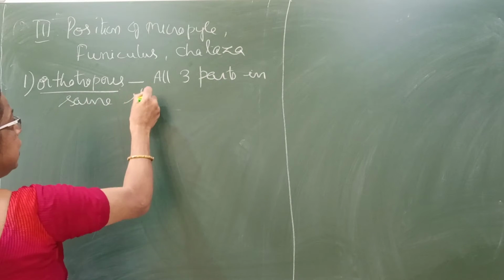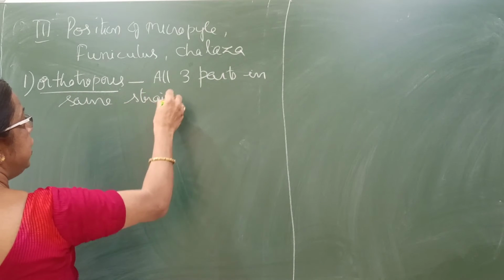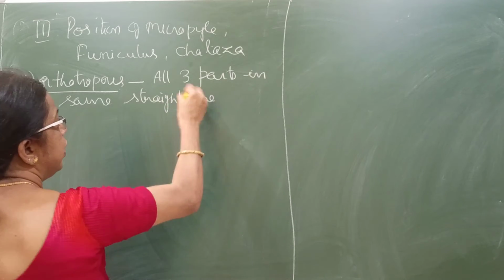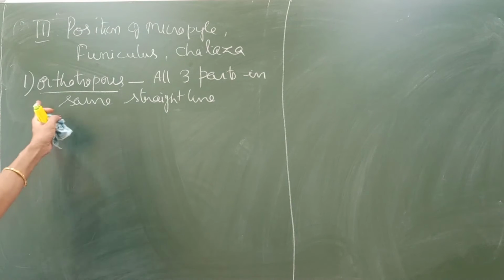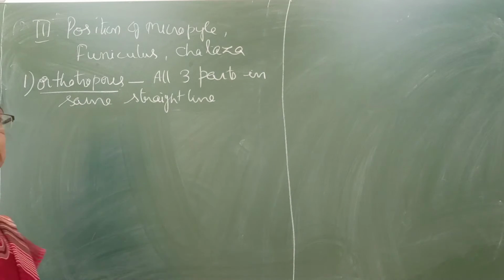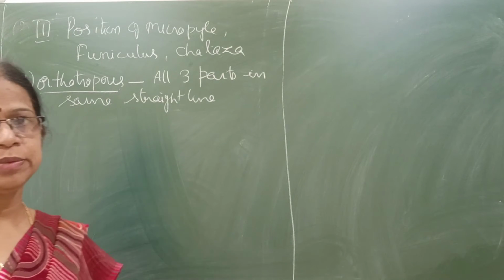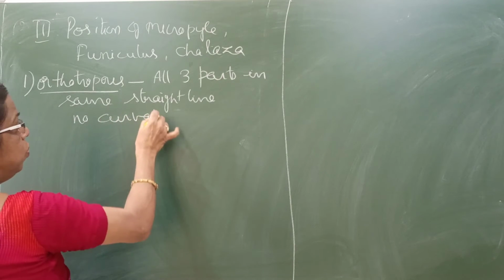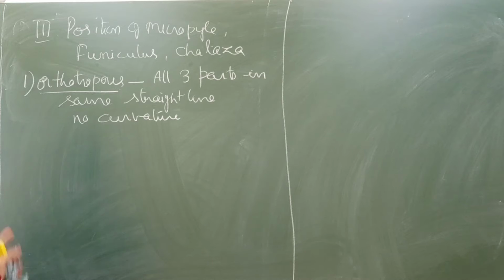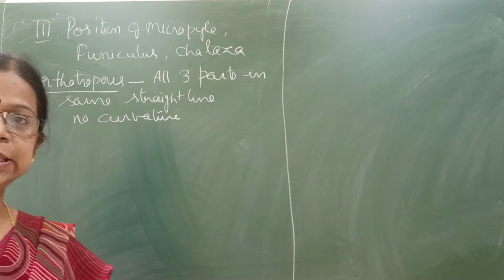That means here there is no angle and no curvature at all. Then we call it orthotropous.